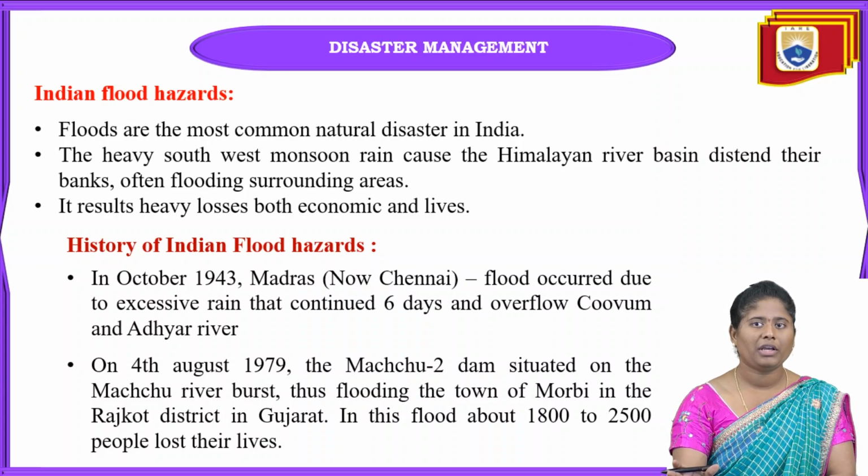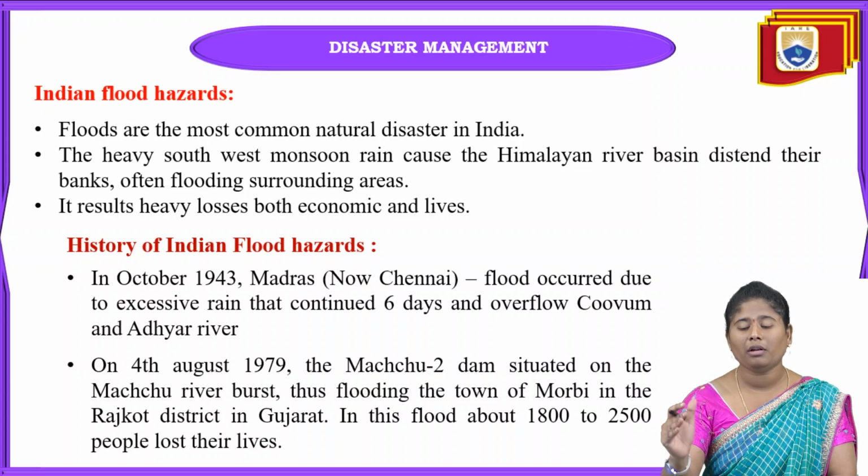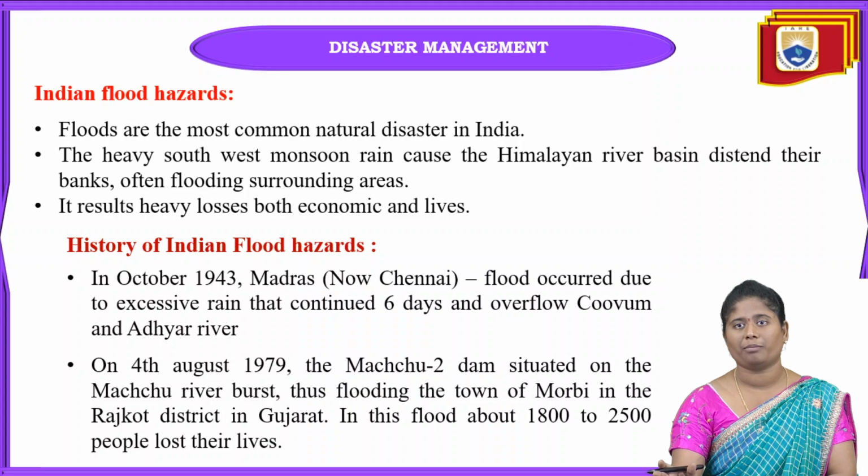In the summer season, when the temperature rises, those glaciers are going to melt. That melted ice water will come towards the downstream. Because of that, Uttarakhand is one of the most flood prone areas in our India.